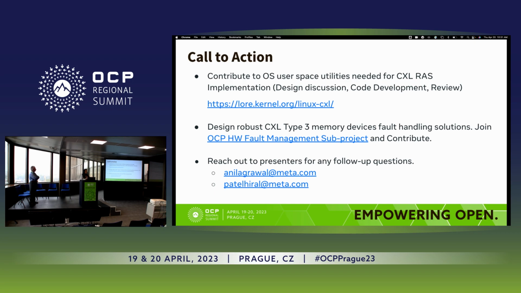If you are interested, please join us in the Linux CXL group. As part of OCP, there is a sub-project called OCP Hardware Fault Management, where we are defining robust mechanisms to identify CXL faults and how to handle them. And lastly, if you have any questions, feel free to reach out to us, both Anil and myself. These are our email addresses.